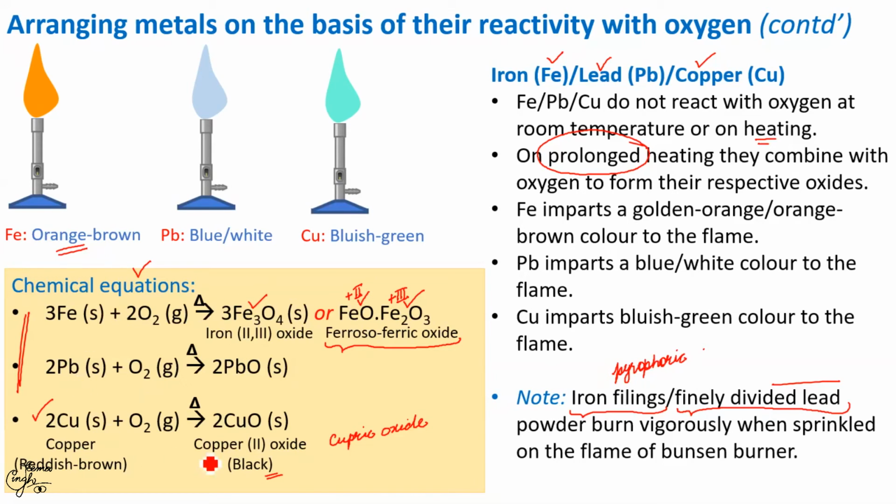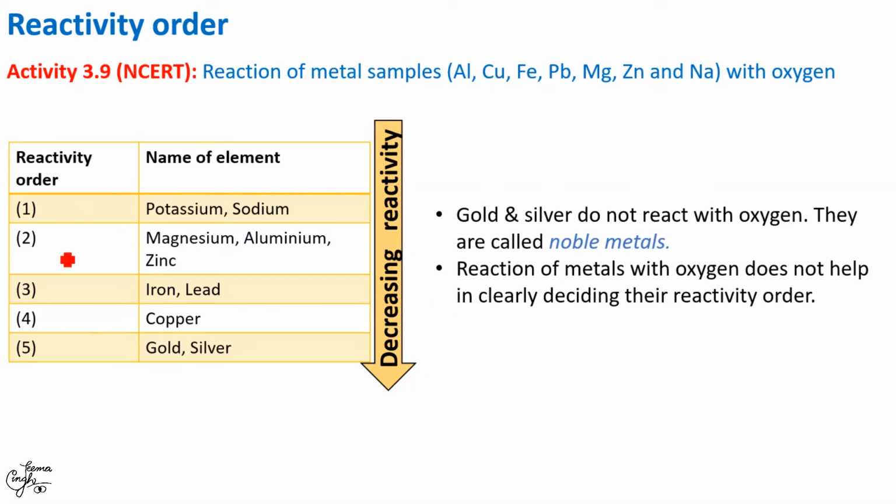From these reactions, we can conclude that copper is less reactive than both iron and lead, and thus our reactivity order looks like this. Looking at this list, we can say that sodium and potassium belong to the category of most reactive metals and copper the least reactive.